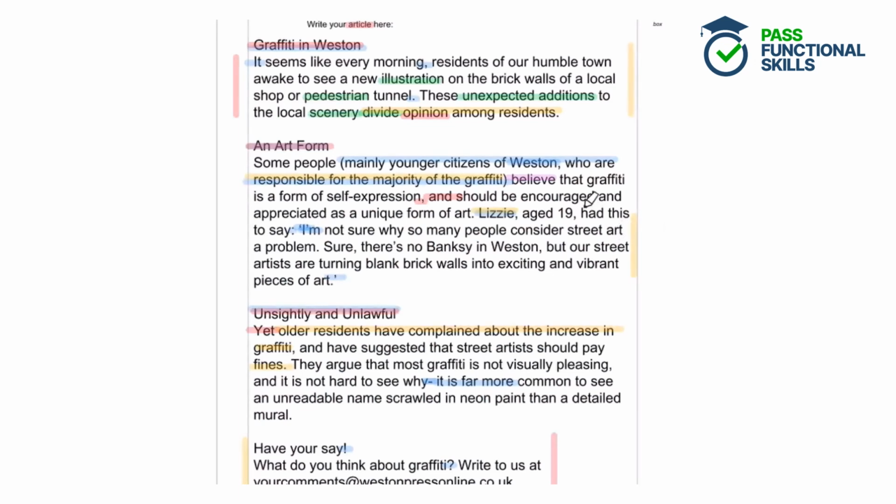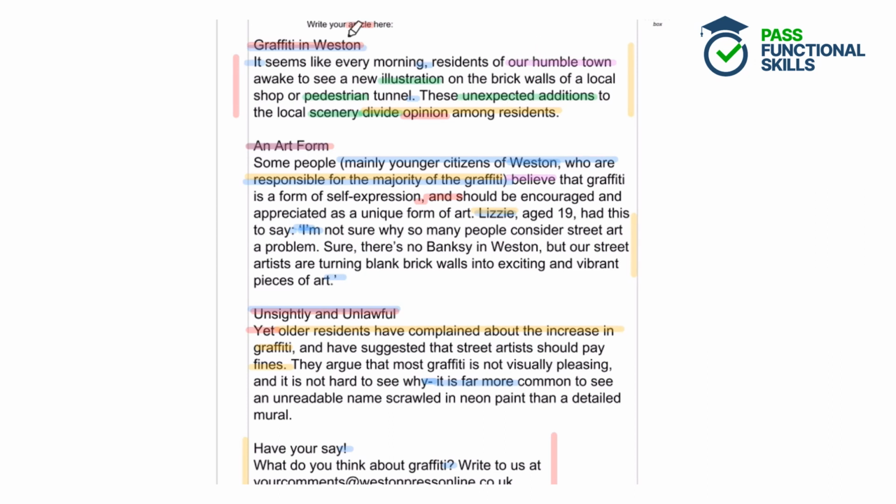The text is suited to the audience as well, because we are writing for a general audience of people in the local community. The focus is on the community. So our humble town draws the reader in and says that they are part of a community. This is for us, this is something that is going to affect our town.